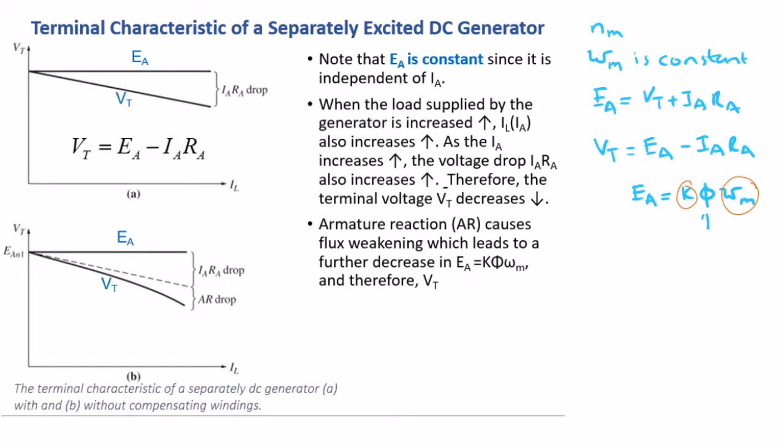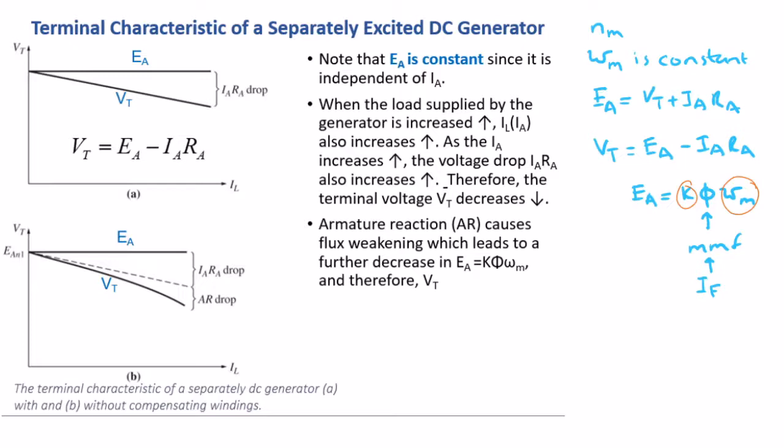Flux is a function of mmf, which is a function of the field current. The field current is flowing in the field circuit of the equivalent circuit, and therefore it's not actually affected by the change in the load, by the changes in the IL.